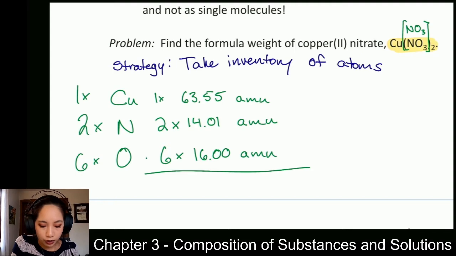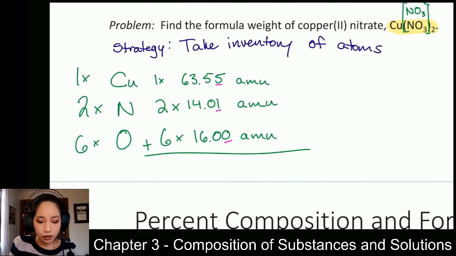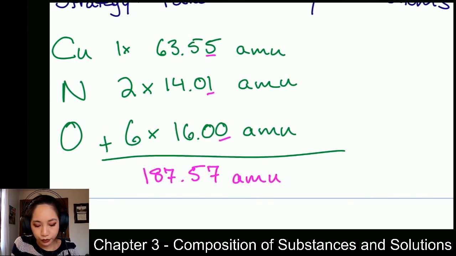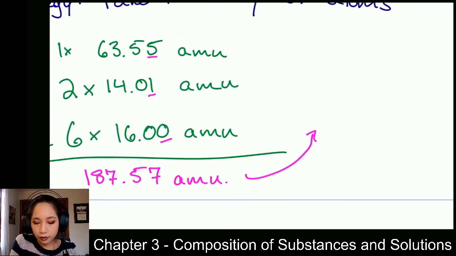And then all we do is add those numbers up. And again, if we inspect significant figures here, all these numbers end in the hundredths place, so our answer should be rounded at the hundredths place. If we add all of this together, we get a formula weight, because this is an ionic compound, of 187.57 AMU.